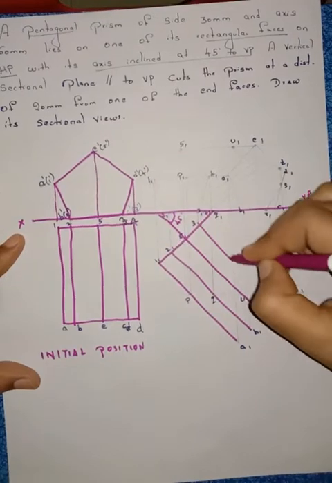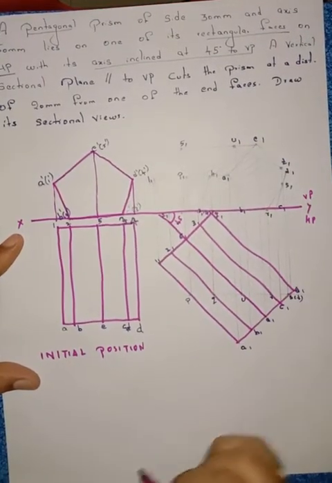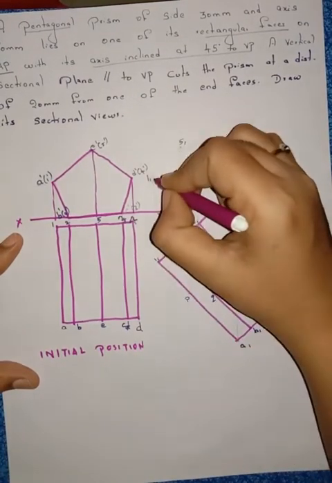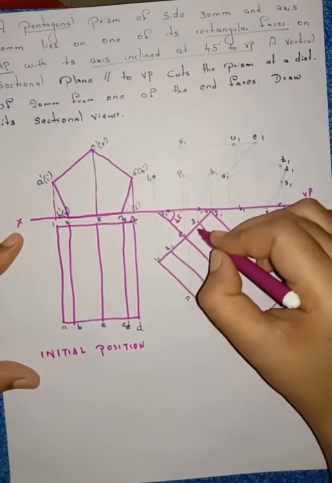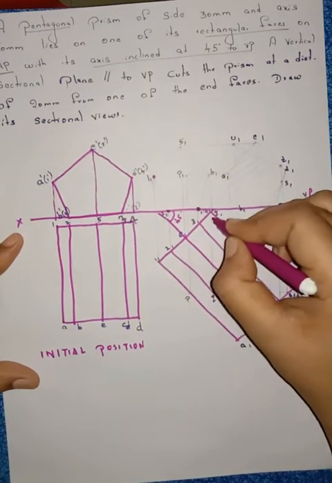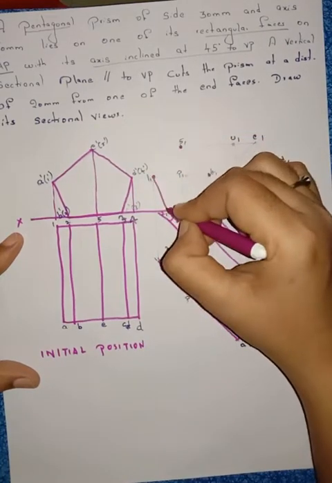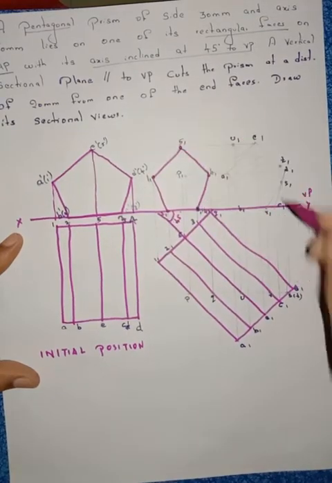Join this one. If you project from 1 to 1, 2 to 2, then 3 to 3, 4 to 4, and 5 to 5, and join 1, 2, 3, 4, 5, you will get one pentagon.